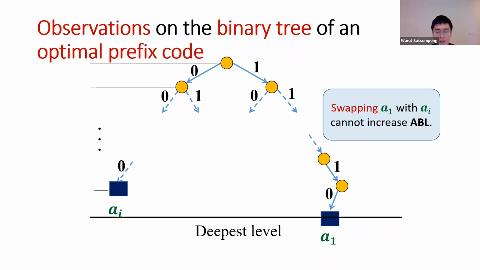Intuitively this is clear, but you can also look at it from the formula. Remember the formula of the average bit length? It's the sum over all x in the alphabet of, say, a.